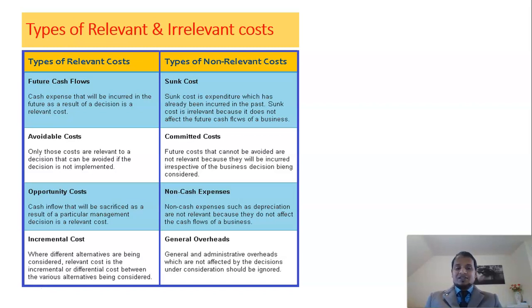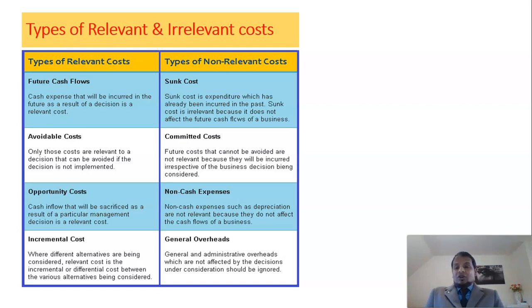But if it is a sunk cost, the cost which was already spent before, it is irrelevant, as we already discussed, because this cost has no impact on future cash flow.